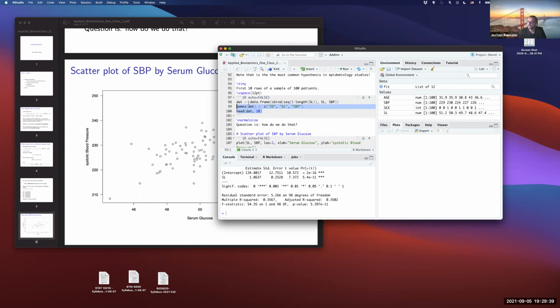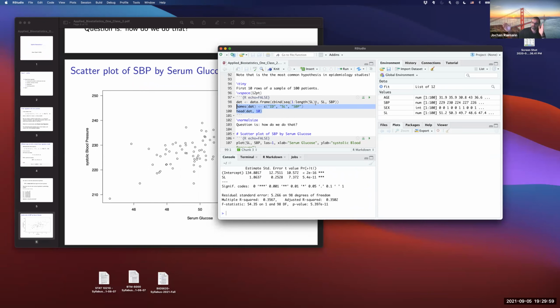And now that builds a data frame, which is the length of SL. So 1 to length of SL. We know that SL is 100. So sequence 1 to SL will give us 1, 2, 3, 4, 5. So let's give it a sequence of numbers up until the maximum of length of SL, which is 100.